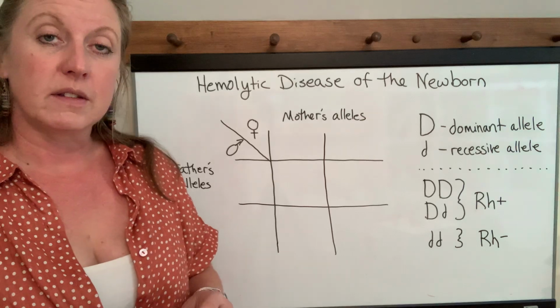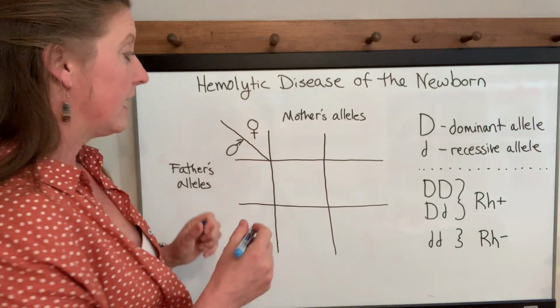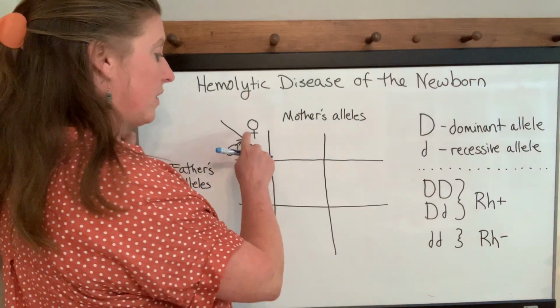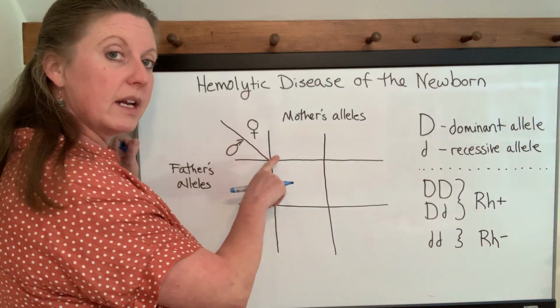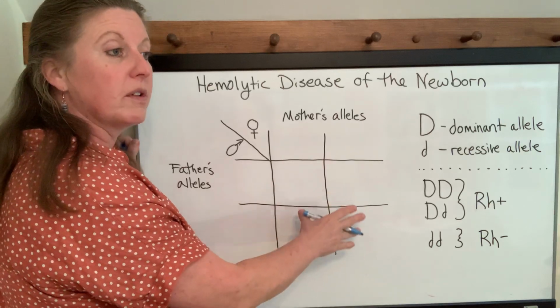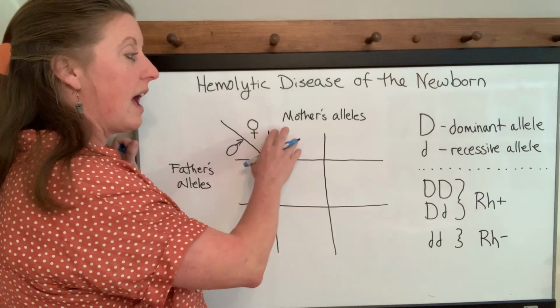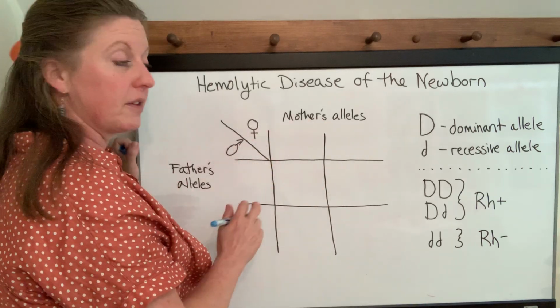Now, the reason that this is important is because this scenario happens whenever the mother is Rh negative. So this is called a Punnett square, and it helps us to see all of the possible offspring or all of the possible genotypes or gene combinations that we can have with a particular mother and father.